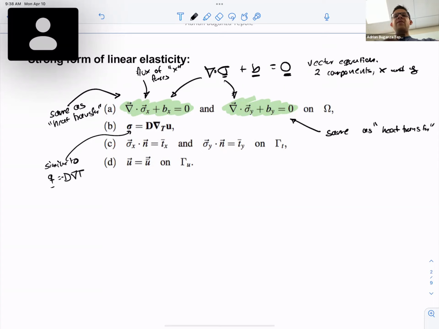We had this, right? So in heat transfer, the flux was minus the conductivity matrix times the gradient of temperature. Here we also get that stress is proportional to the gradient of displacements.